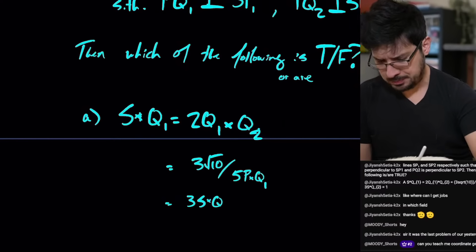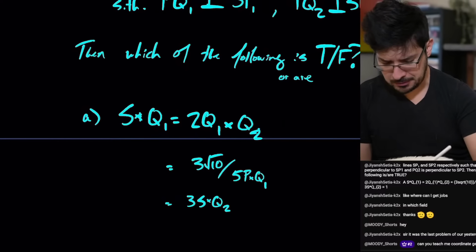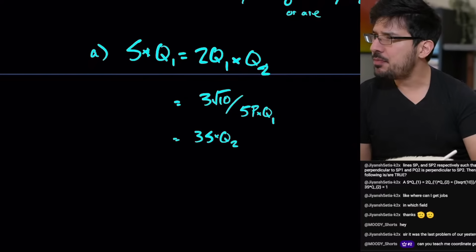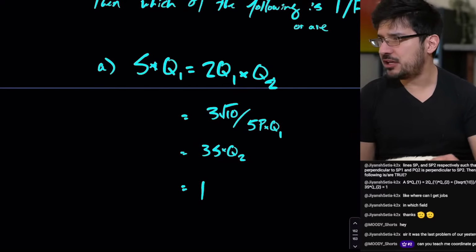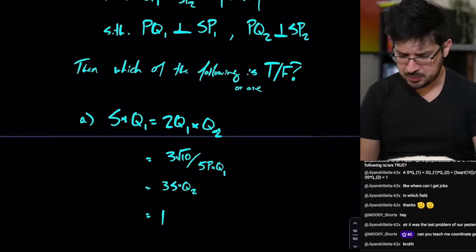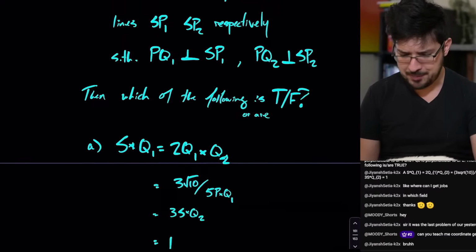I don't even know if I follow. 3 square root 2 equals 1. Dude, it's hard for me to read the notation on that.